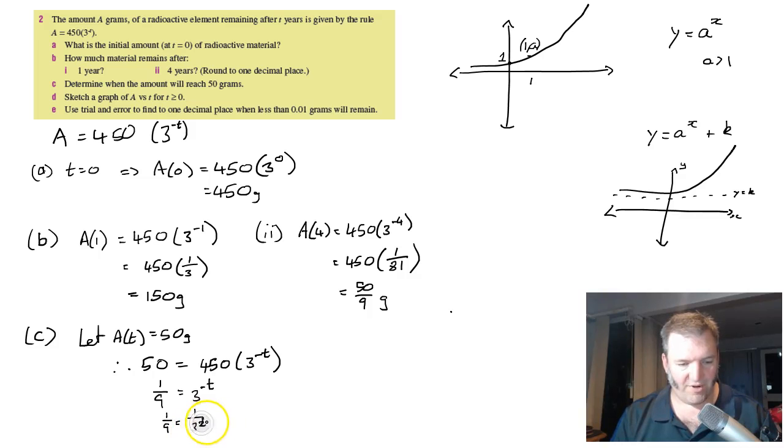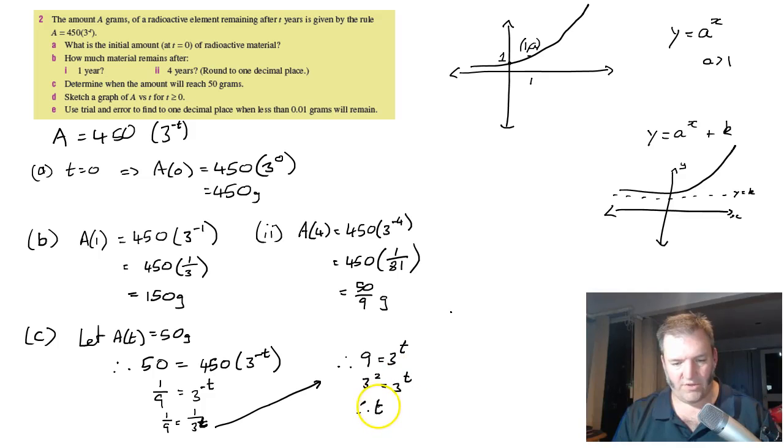If those fractions are equal to each other, the denominators will have to be equal. So 9 is going to be the same as 3 to the power of t. We know 9 is 3 squared. Therefore, t equals 2.